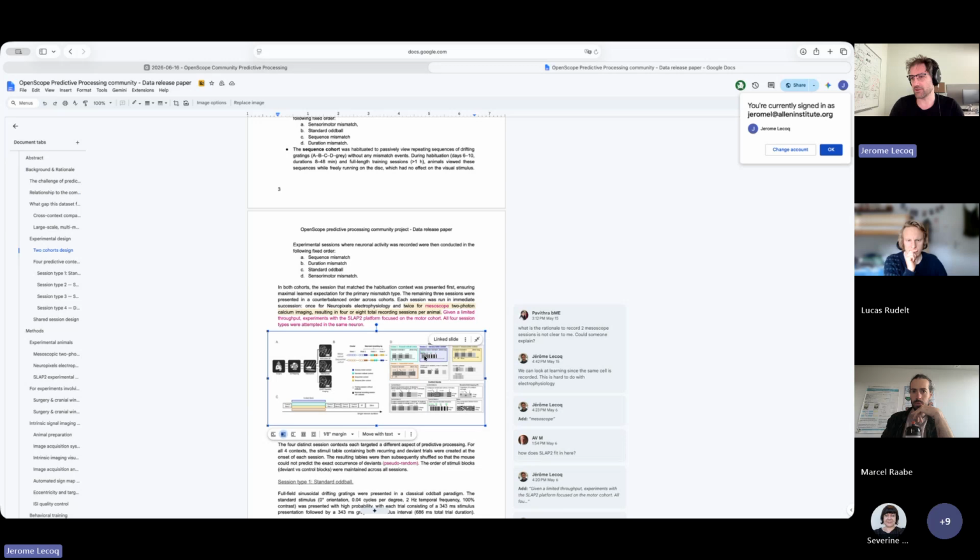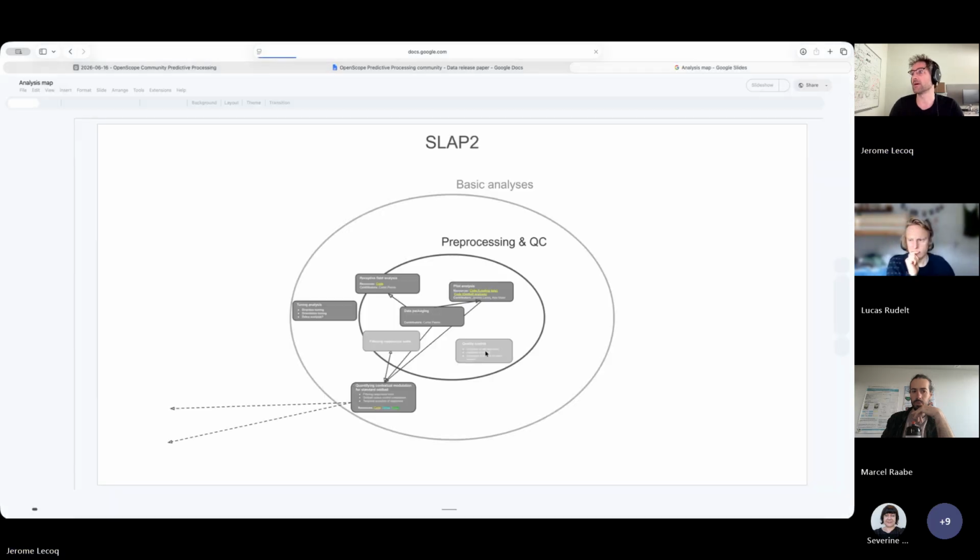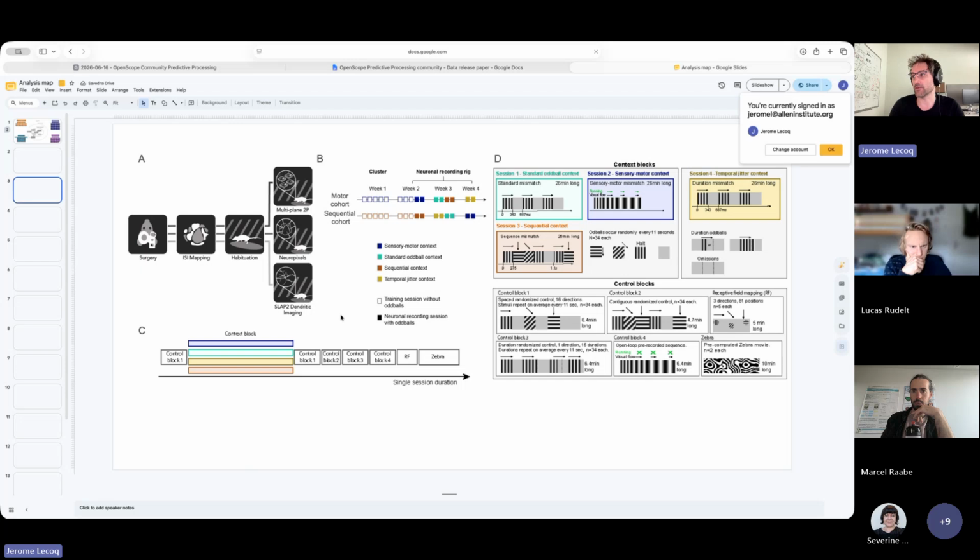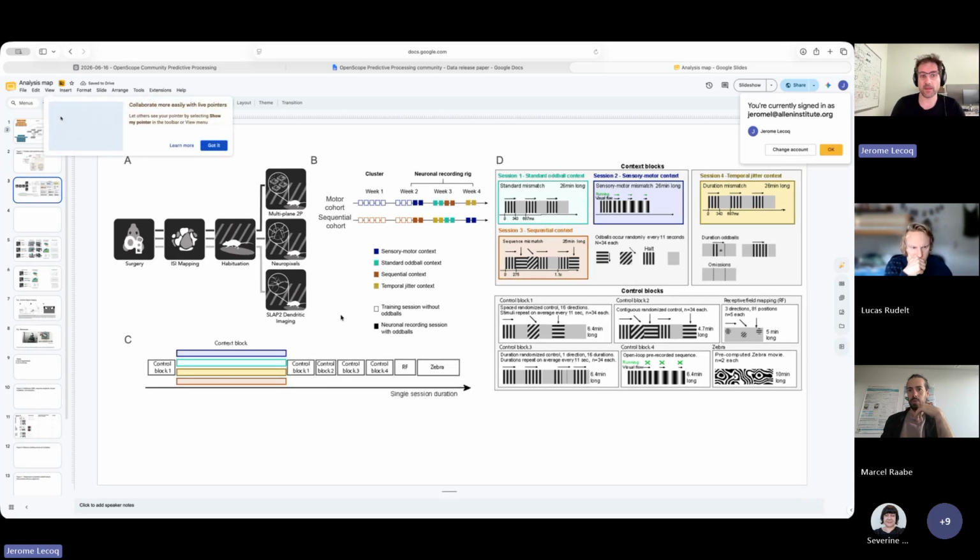I edited this figure here, which introduces the experimental design. I just added a panel C and edited D to contain all of the stimulus blocks. It was updated because our previous version did not contain zebra and receptive field, which we are talking about today.